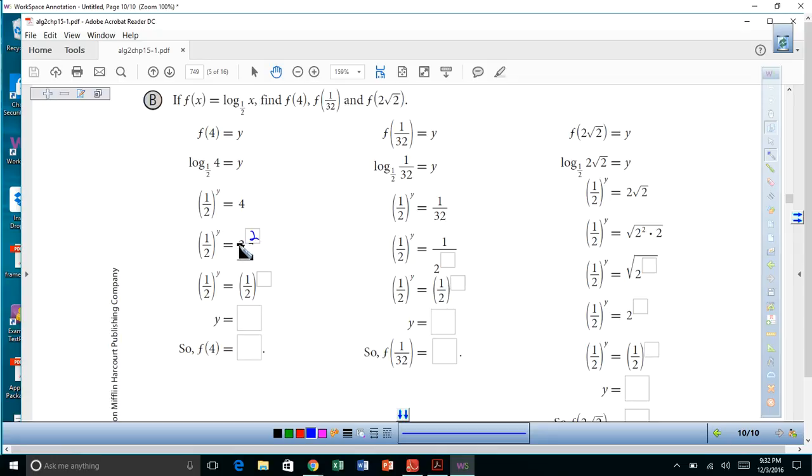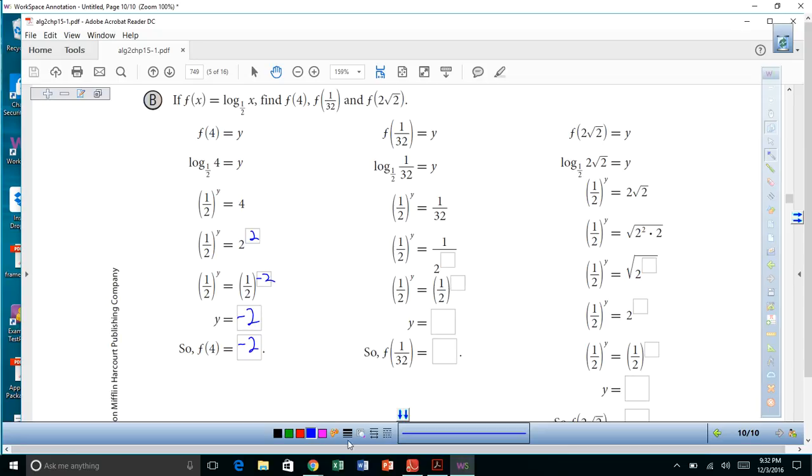Well, we can make this 2 into a 1/2 by putting a negative in front of that. So 1/2 to the y power equals 1/2 to the negative 2 power. So y equals negative 2. So f of 4 equals negative 2.